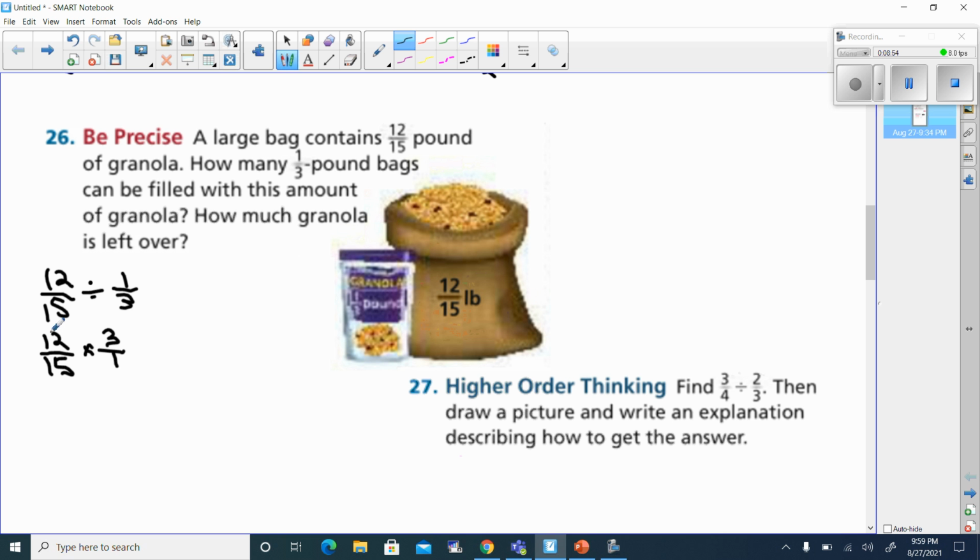Okay, and we see that 3 and 15 are both divisible by 3. 3 divided by 3 is 1. 15 divided by 3 is 5. Now 12 times 1, that'll be 12. We have 5 times 1, which is 5. And remember, this is an improper fraction.